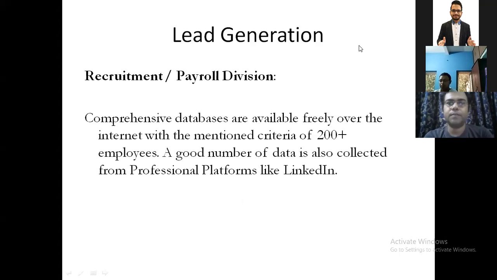Okay, super. Now in this recruitment and payroll process, our comprehensive database, this is for our internal use, is available freely over the internet. With the mentioned criteria of 200 plus employees, we can see that data through LinkedIn.